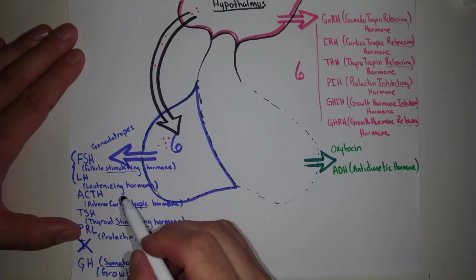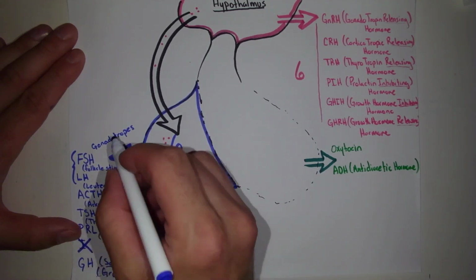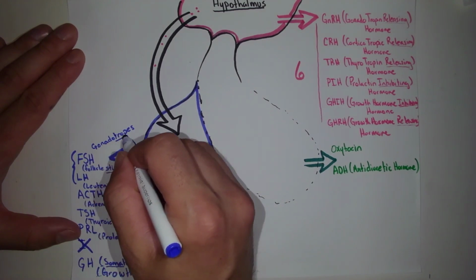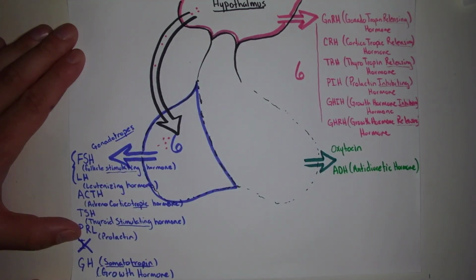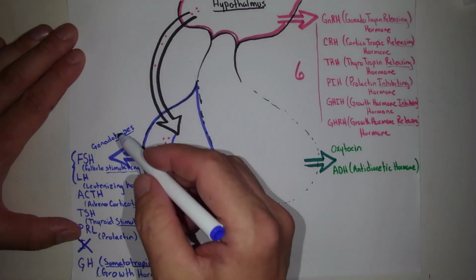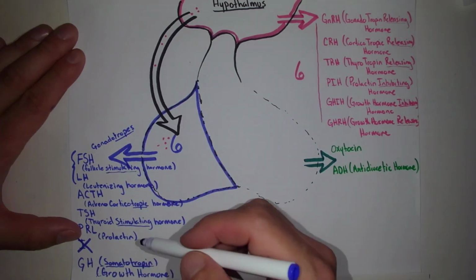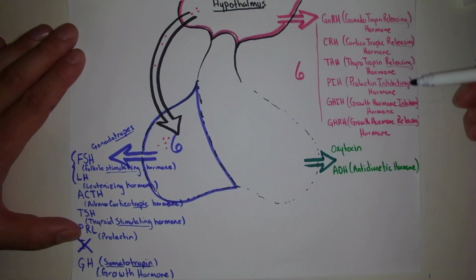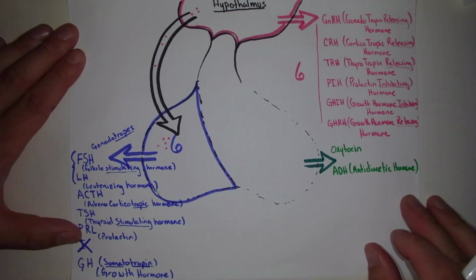So if it has stimulating or tropic, gonadotropes, gonadotropin, gonadotropic, if it has stimulating or tropin, it comes from the anterior pituitary. If it has releasing or inhibiting, it comes from the hypothalamus.